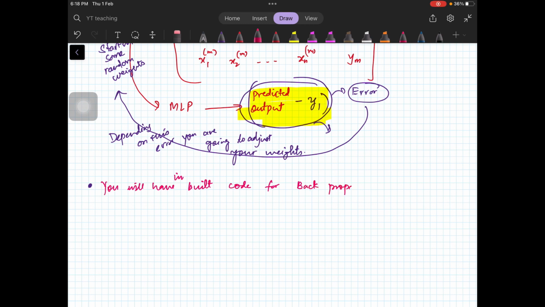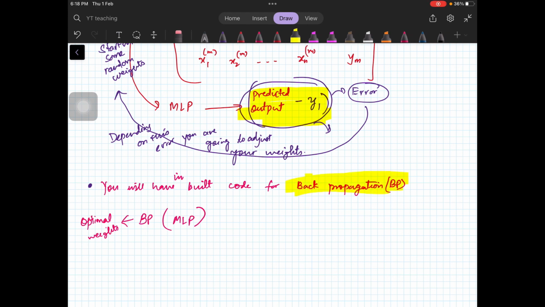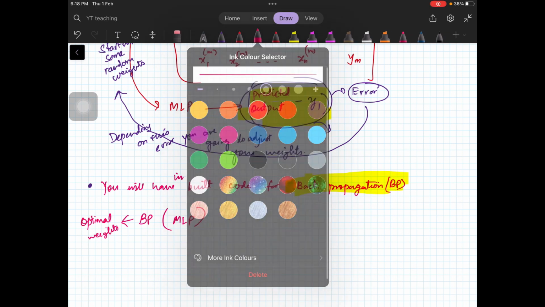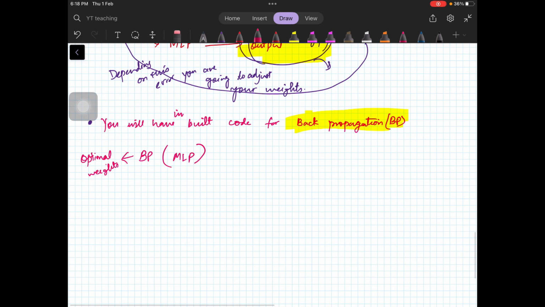So you have your MLP, you just feed it to the code, say back propagation is the code name, and you'll get your optimal weights. Without knowing anything about what back propagation is, you can work on your MLPs, construct your neural networks and do something productive with them, right?